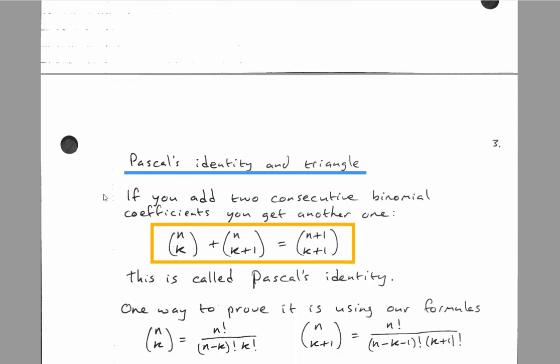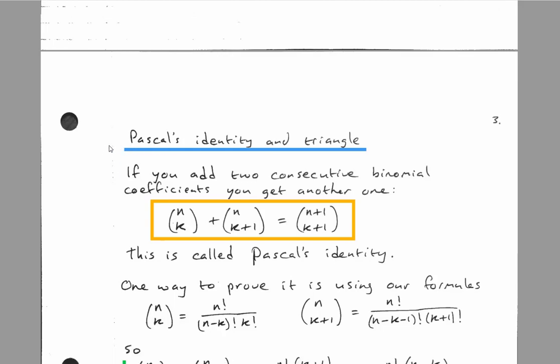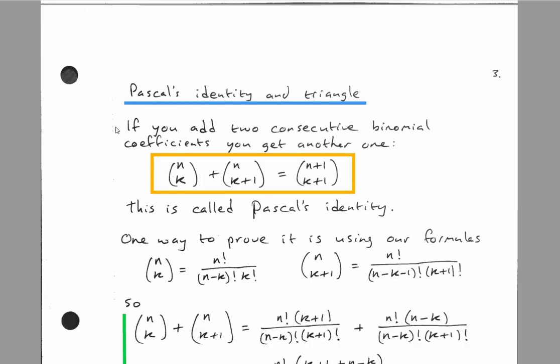Alright, so next topic. Now we're looking at some more patterns for these binomial coefficients. If you add two consecutive binomial coefficients, you get another binomial coefficient. So n choose k plus n choose k plus 1, the same top number and consecutive bottom numbers, is equal to n plus 1 choose k plus 1.